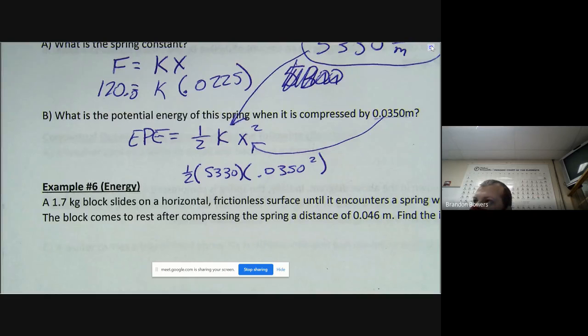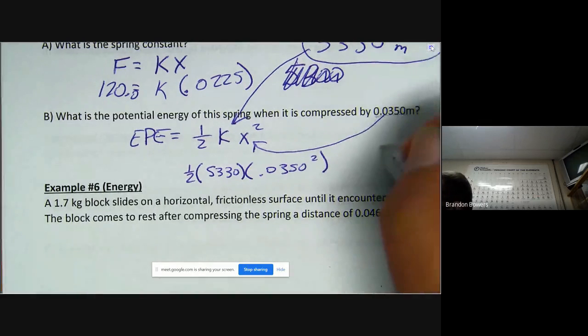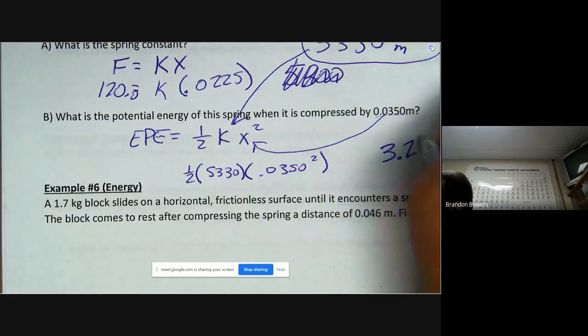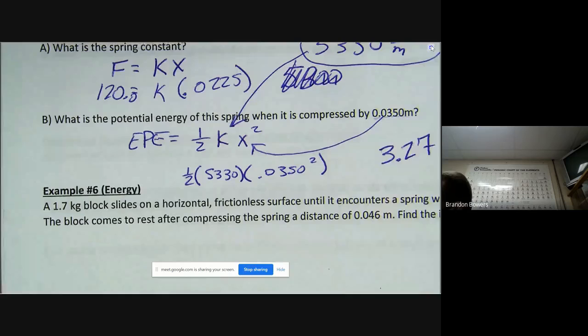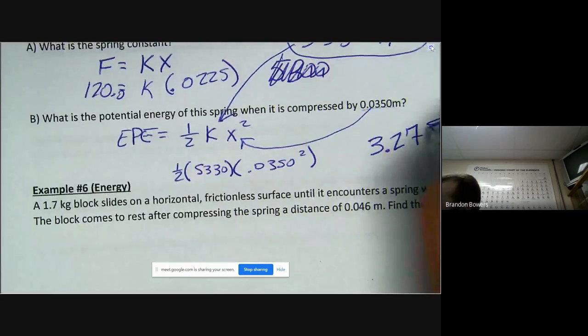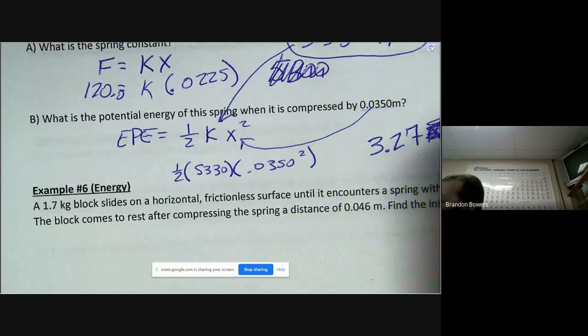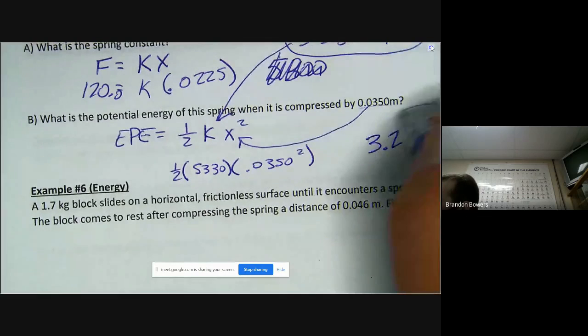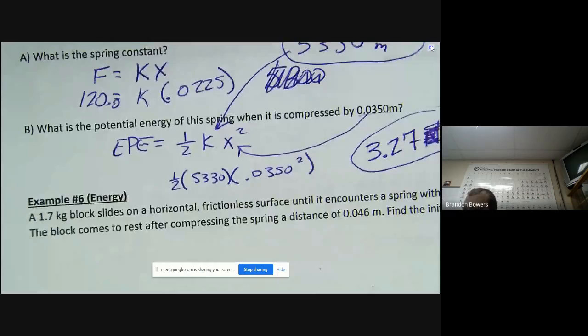Anybody get an answer? What you got? 3.27? Perfect. 3.27. Potential energy. Energy is in joules.